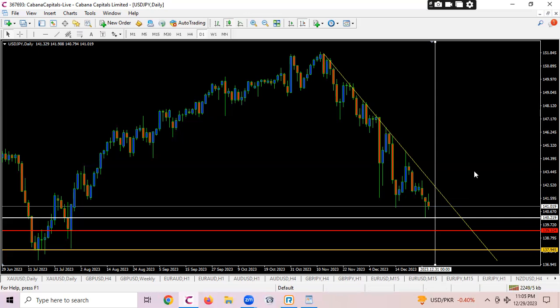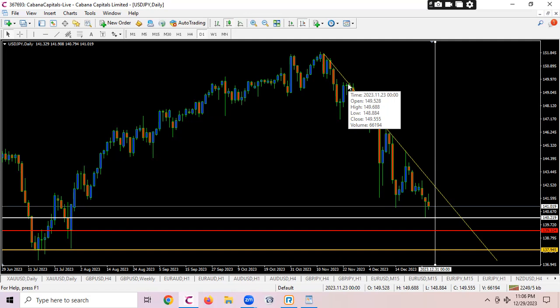So for a position trader, they might have executed sell at this level, made profit here, a little pullback, but they're still holding on to the trade. Since it's position trading, they're expecting the trade to run for months before they exit.